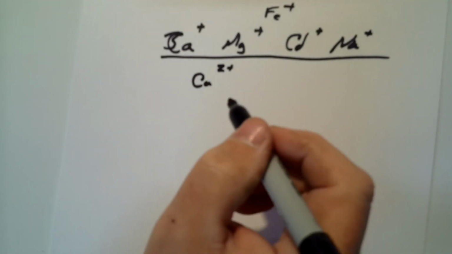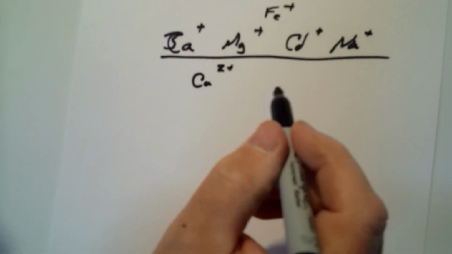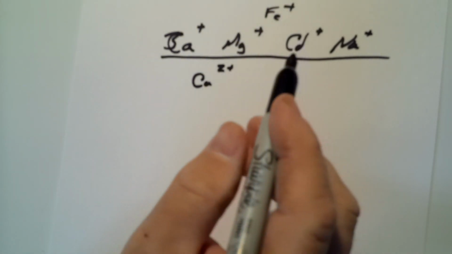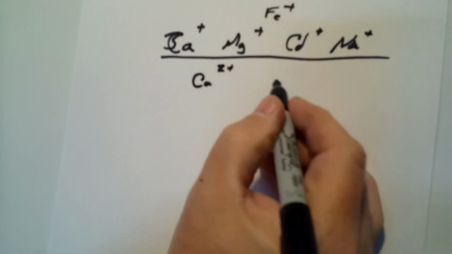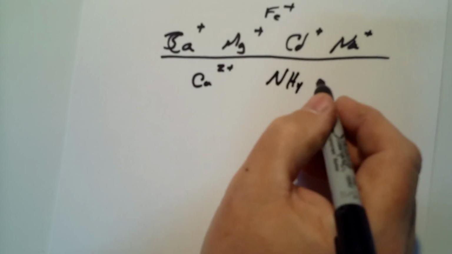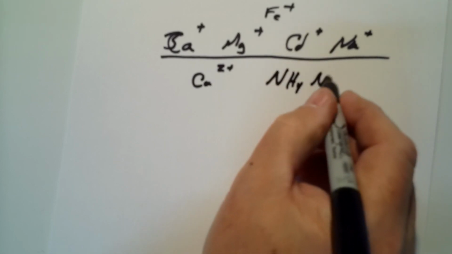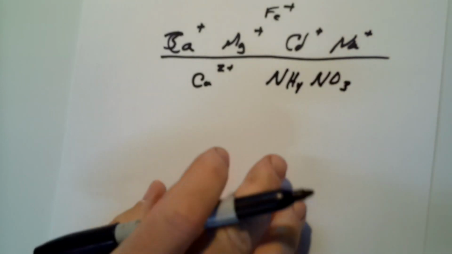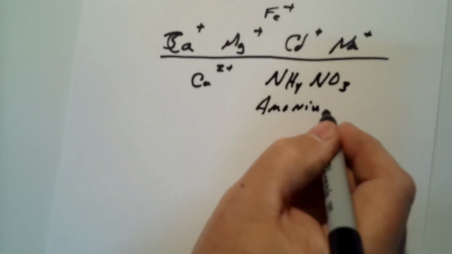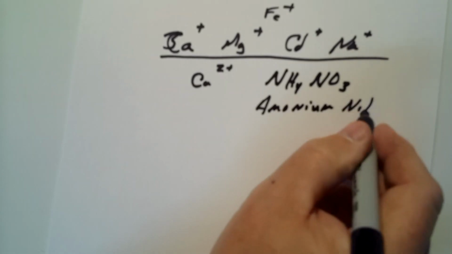Now, there was a study that showed that there are a lot of things that can interfere with that. One of them was fertilizer. Fertilizer comes in the form of NH4NO3, in other words, ammonium nitrate.